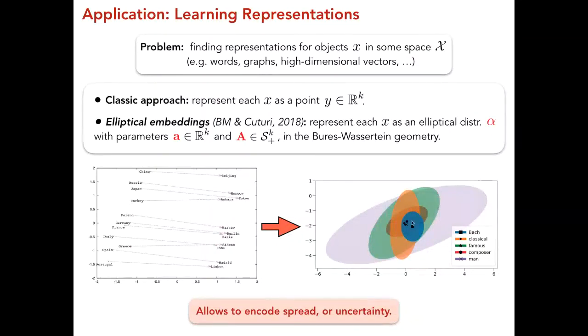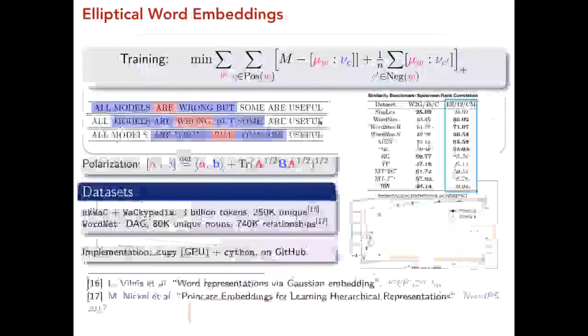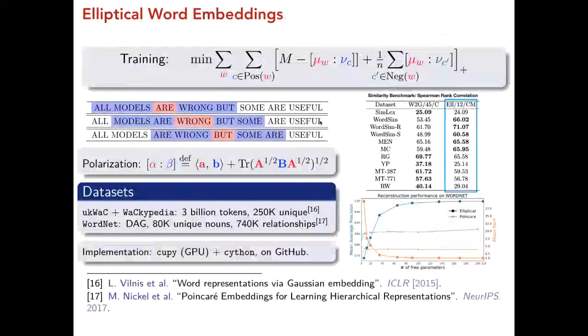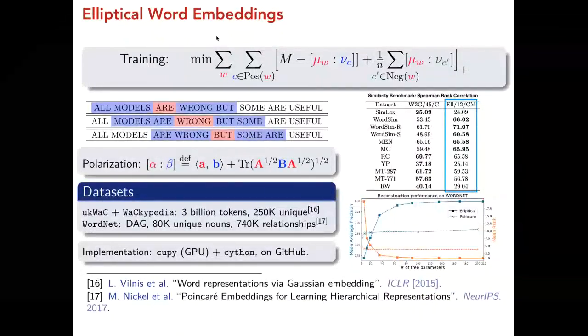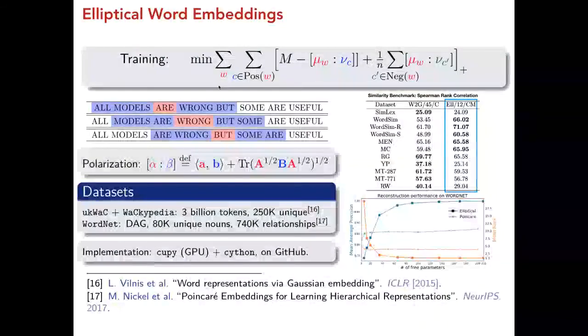And so we implemented the training of elliptical word embeddings by taking the objective functions that are used to train word embeddings in the usual way, so between vectors, and replacing everything Euclidean with its Bures-Wasserstein counterpart.